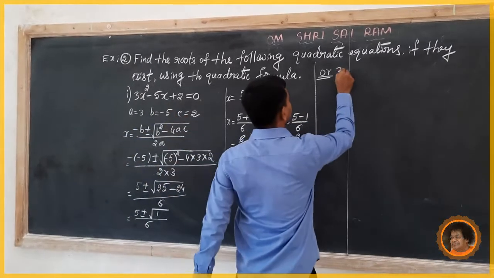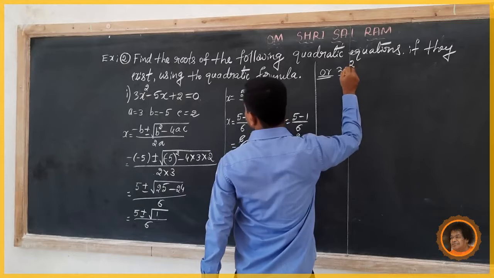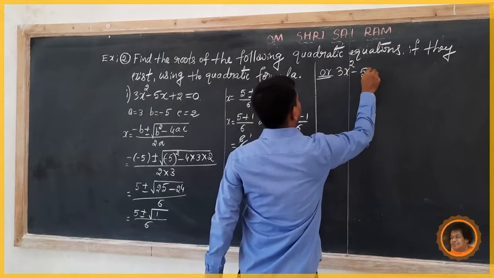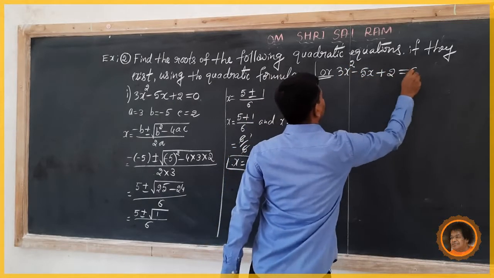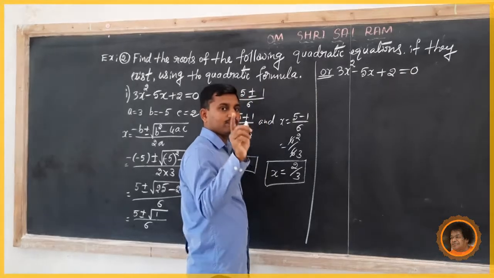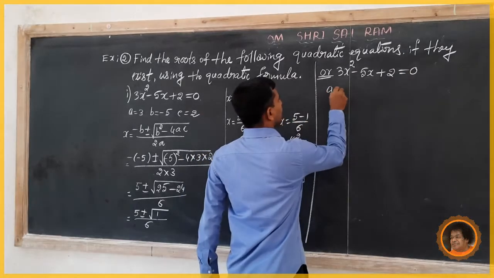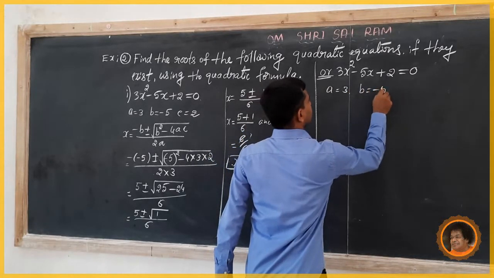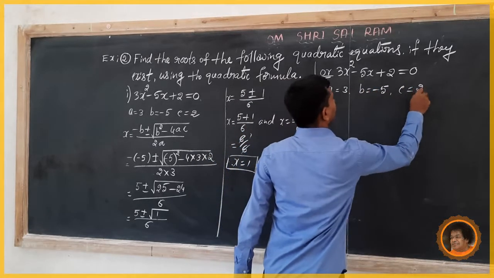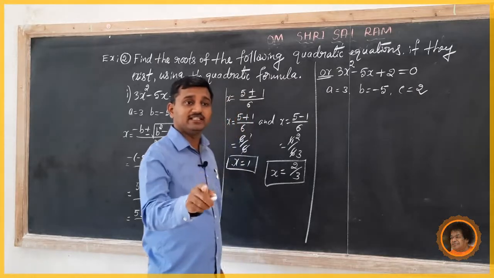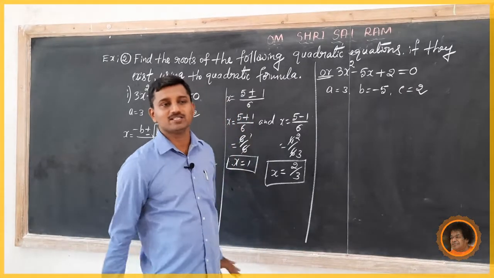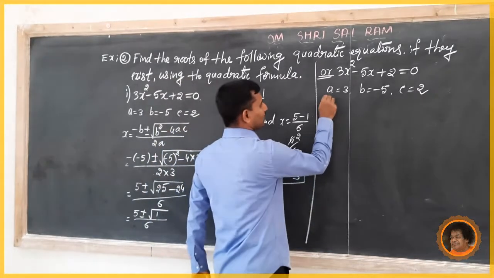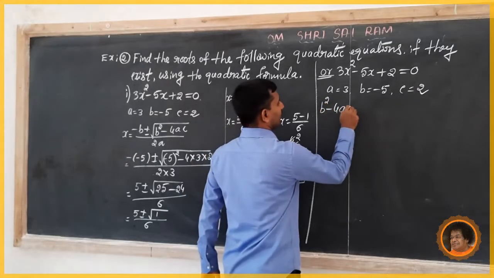So the given equation is 3x square minus 5x plus 2 equal to 0. First write the values of a, b, c. So a equal to 3, b equal to minus 5 and c equal to 2. First find the value of b square minus 4ac.